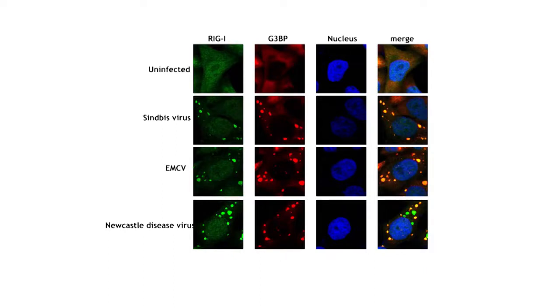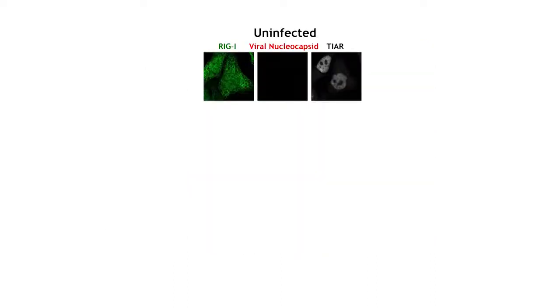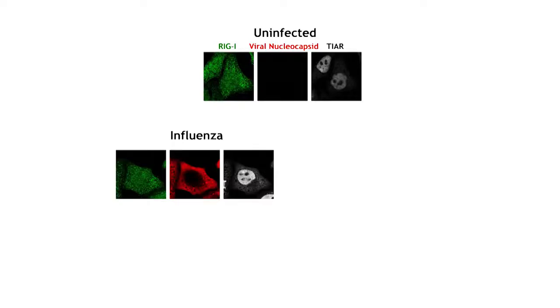Because the formation of this granule is related to antiviral responses, we term them antiviral stress granules. However, not all viruses induce antiviral stress granules. For example, influenza virus infection does not induce antiviral stress granules.